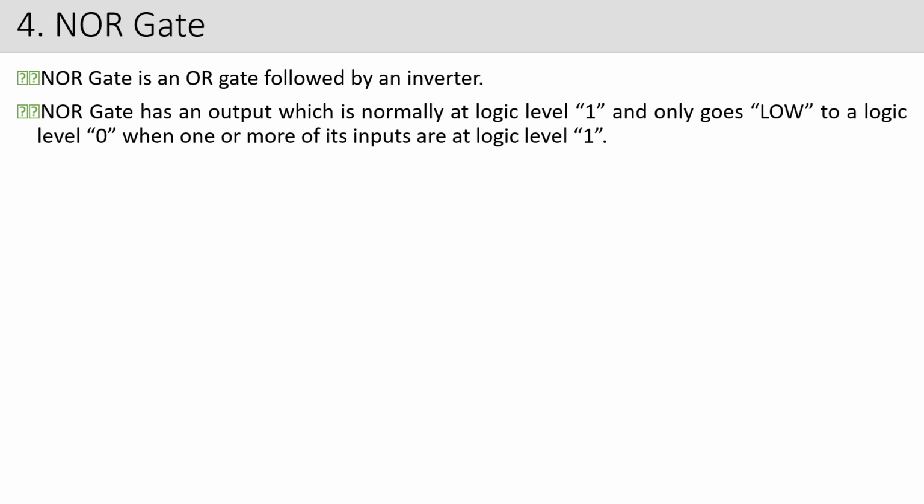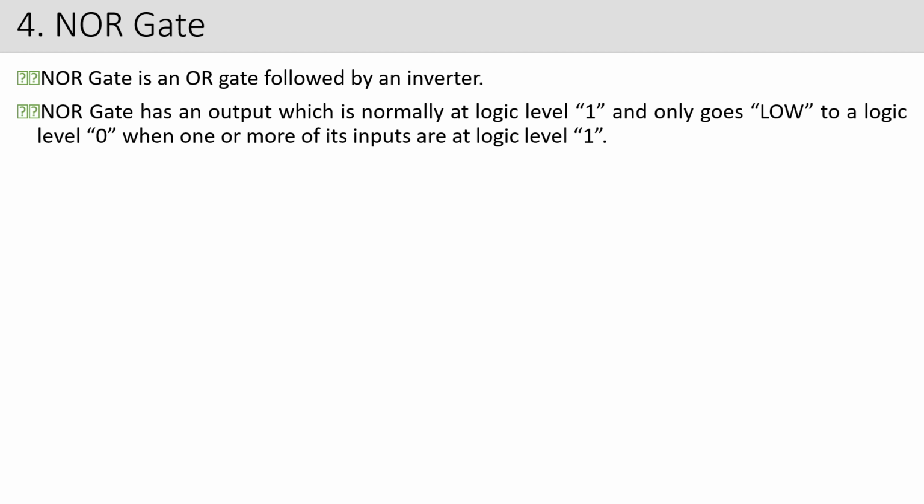Generally, in a NOR gate the output is normally at logic level 1, at high level, but it will go to low level, logic level 0, only when one or both of its inputs are at logic level 1.